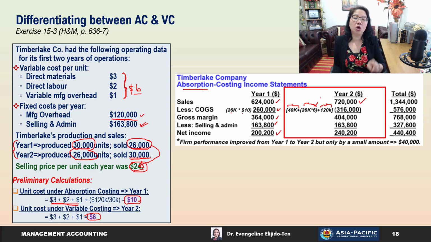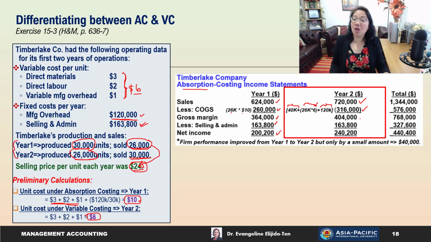So by right, you should divide $120,000, the fixed manufacturing overhead, by 26,000 units. All right? And then you'll add it. But there's no point. We'll just add the full amount of 120,000. All right. So the total of that is $316,000. And that's the cost of goods sold under absorption costing.